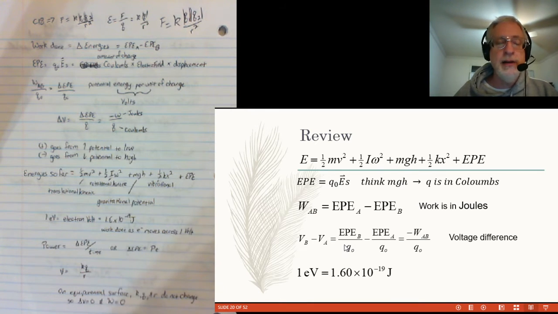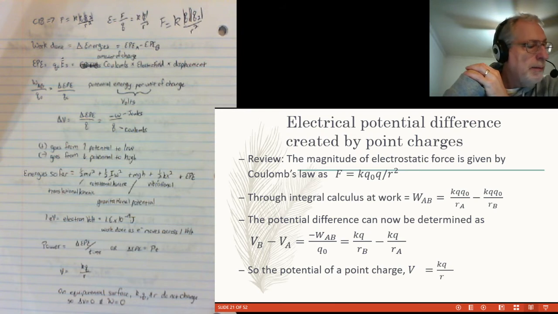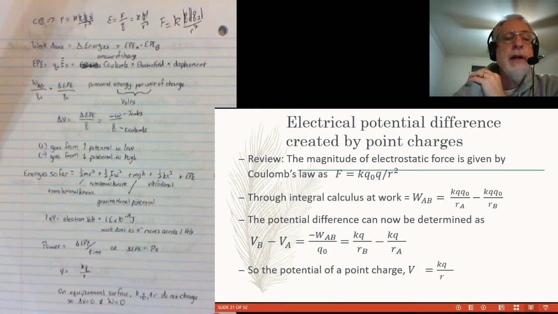There's a lot in this chapter, I know. What about the electric potential difference created by 2 point charges? We're going to talk about the voltage difference between them. Remember, the magnitude of electrostatic force is given by Coulomb's law, kQQ over r squared.